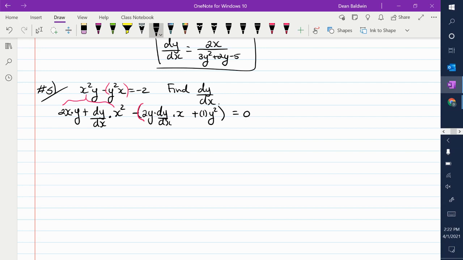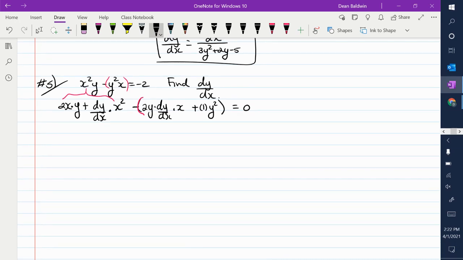Okay. All right. Now, this negative gets dumped into these brackets. No, you can put the y after the dy/dx if you wanted. Yes. Any other questions?